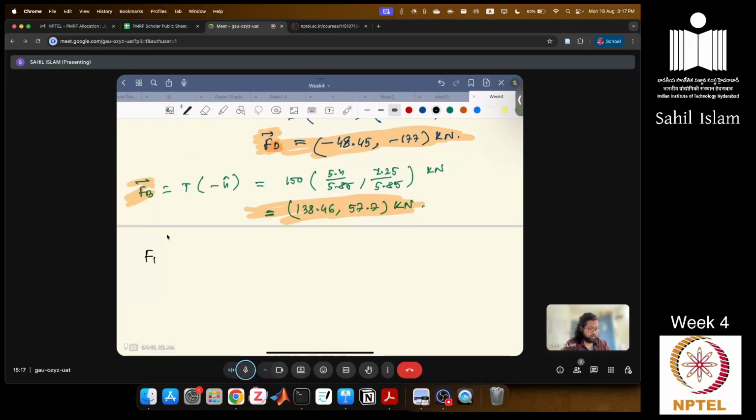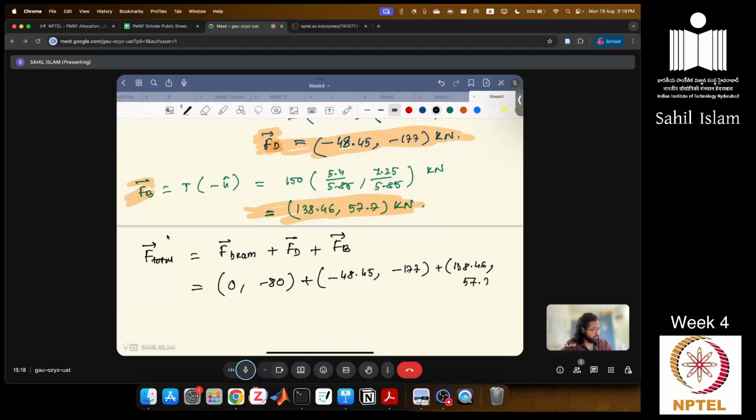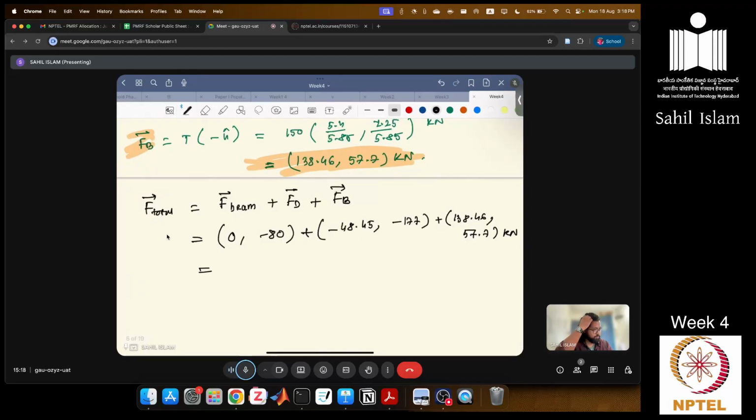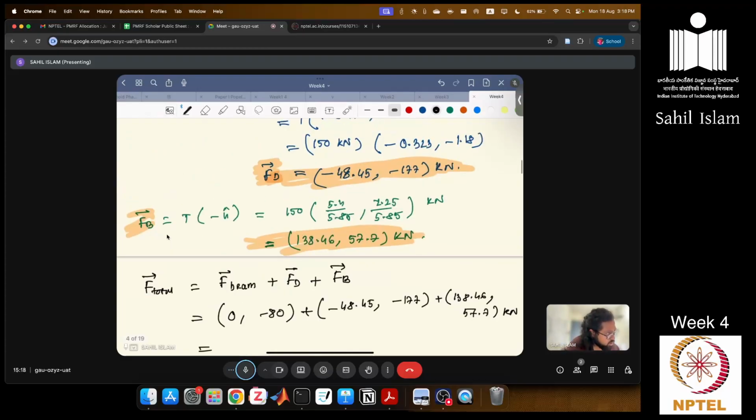So F total equals F beam plus FD plus FB, which gives you 0 comma minus 80, plus minus 48.45 comma minus 177, plus 138.46 comma 57.7 kilonewton. So if you do the sum, did I do it correctly? Sorry.